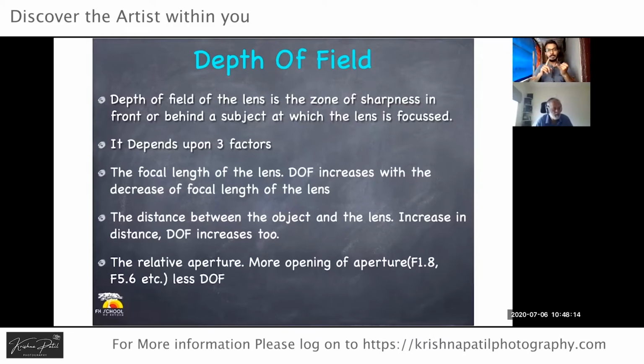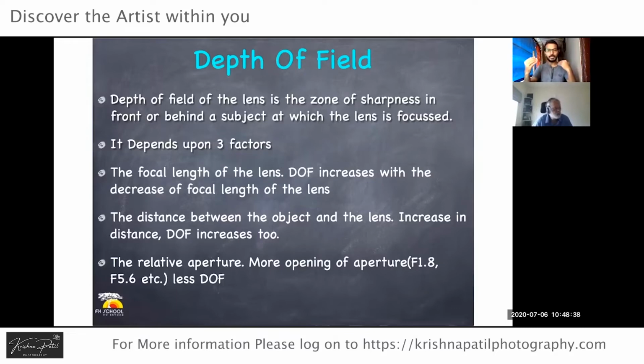So the distance between your camera and the object is your second parameter. Focal length means your lens's focal length, always mentioned in mm, like 55, 200, 18-55. Then your second factor is the distance between your object and the lens.